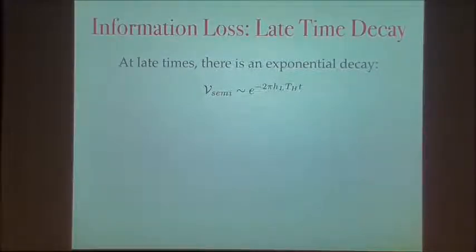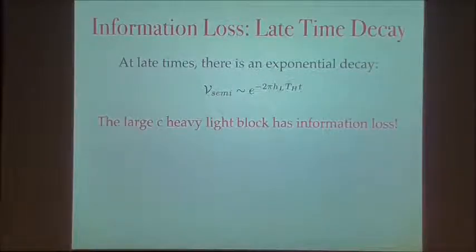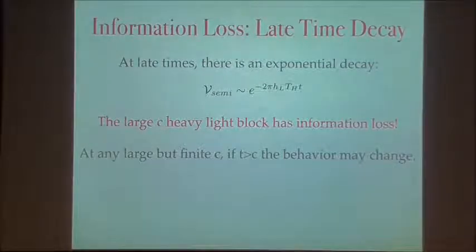So the semi-classical vacuum block has information loss. But we know that at any large but finite C, this cannot happen indefinitely. This means if I take the Lorentzian time to be larger than C, then this behavior should change. It should no longer follow this exponential decay. It should stop.